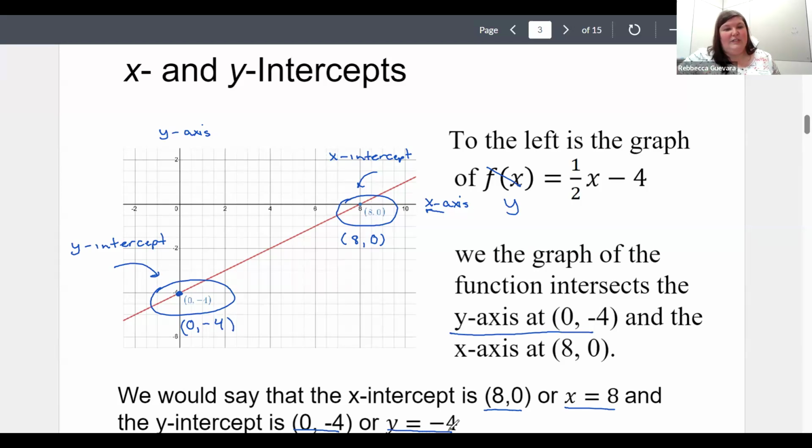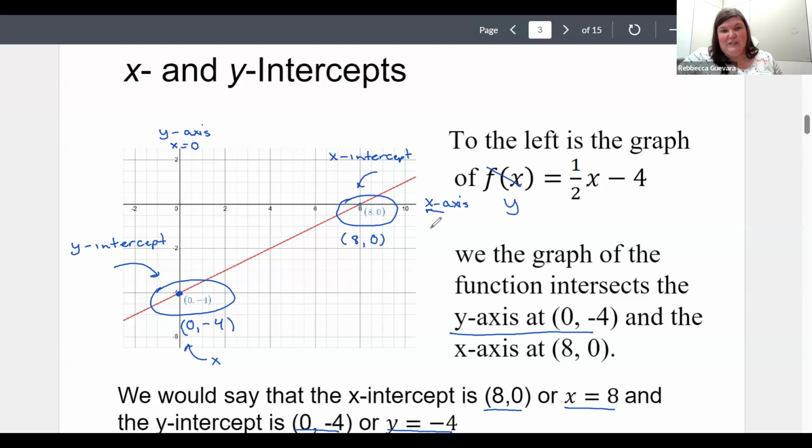So one of the things to take notice of here is that this is my y-axis. So my y-axis is this whole line here where your x value is 0. So sometimes we just call your y-axis x equals 0. It's the equation for that line. But also know when you talk about your y-intercept, that's when x is equal to 0.